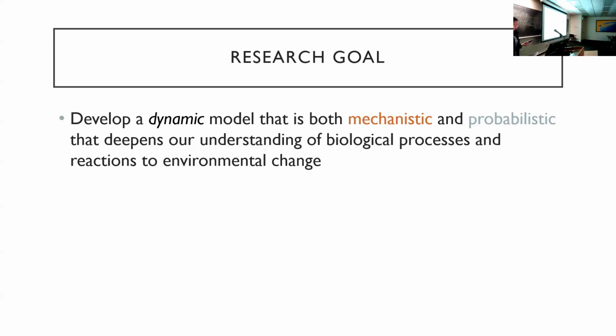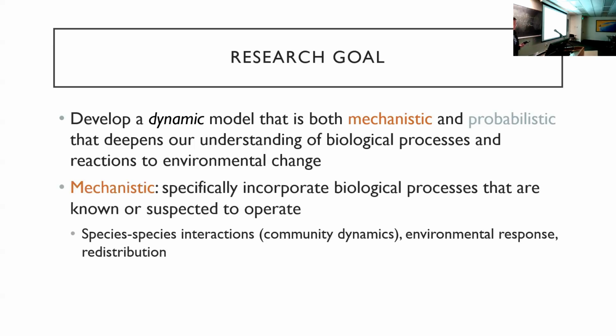Big, lofty goal, and we're just taking one stab at it. To reiterate, mechanistic here means we're specifically incorporating some biological processes into our model. We can't cover all of them, there are so many out there, but we're taking a step forward. In particular, what we embed into our model are species-species interactions, so the notion of community dynamics, as well as the environmental response and redistribution or movement within a region.